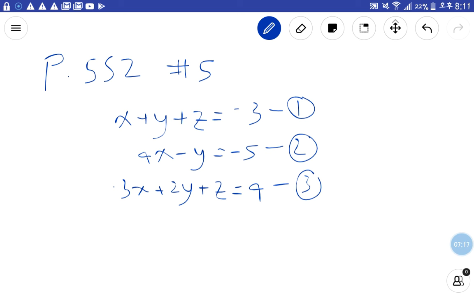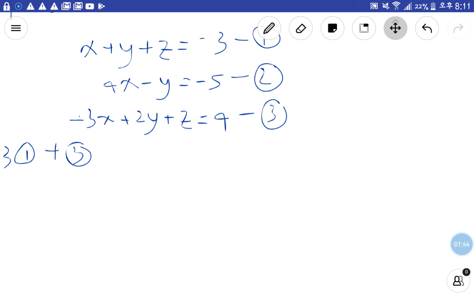Okay, let's see which one we can get rid of first. I wanted to get rid of my x. That is negative 3, right? So I'm going to times 3 onto my number 1 and add it to my number 3. Then let's see what's going to happen.